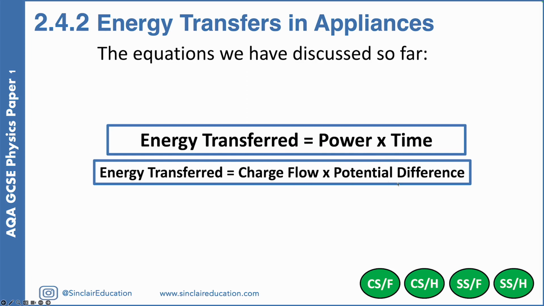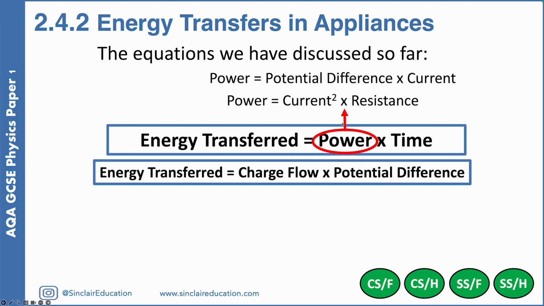If you are doing higher, you stand the chance of possibly being asked to do a multi-step calculation. This is where you use two equations minimum to find a value. With these equations, maybe they want you to find energy or time, but they don't quite give you enough information for power, and you could then find the power using these two equations.